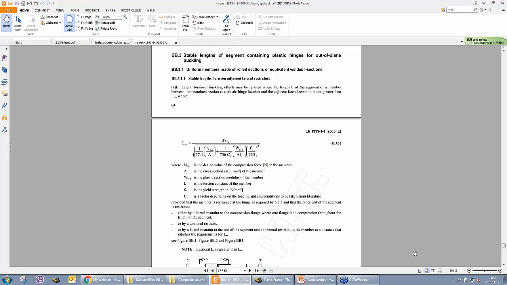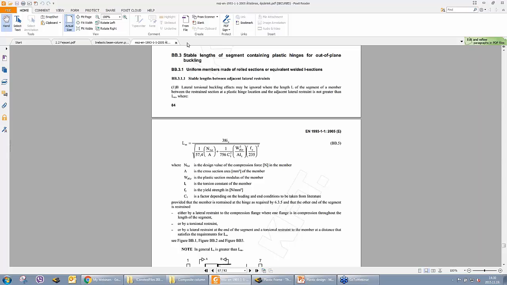In the UK they have used this method for quite a long time. They have a huge tradition of plastic design, and basically the latest method defined in the British standard was taken into the Eurocode. It is quite the same, only the notations are different. These are now Eurocode notations.